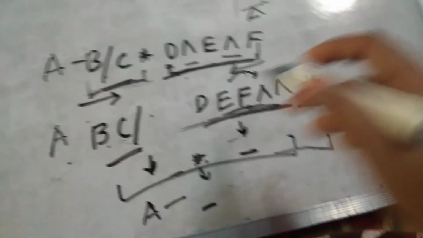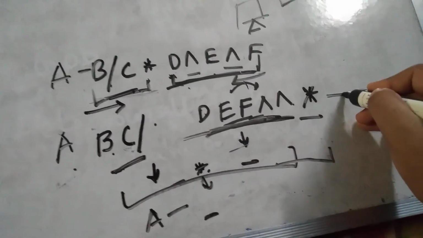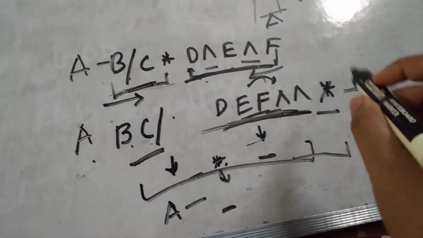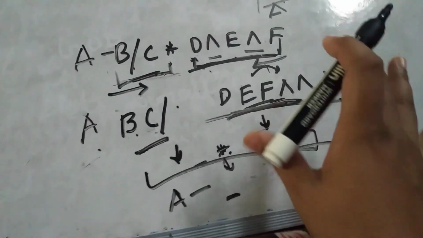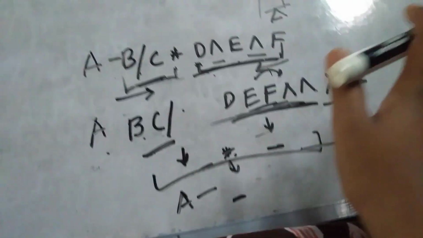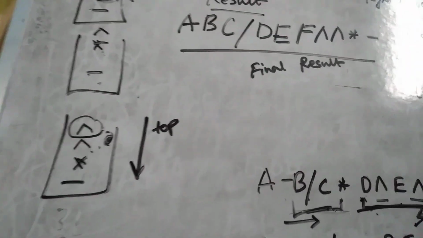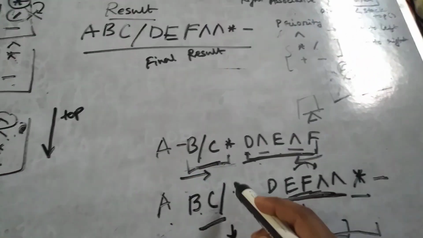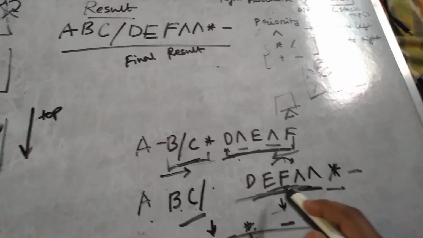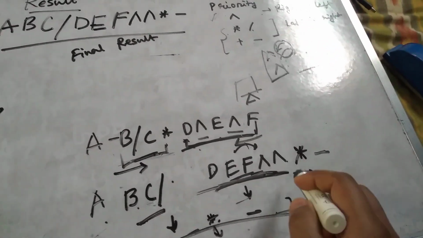So place A and place negative here. So the calculation is pretty easy if a human starts working. So in a GATE examination, don't try stack operations. This is the same as A, B, C, division, D, E, F, to the power, into, minus.